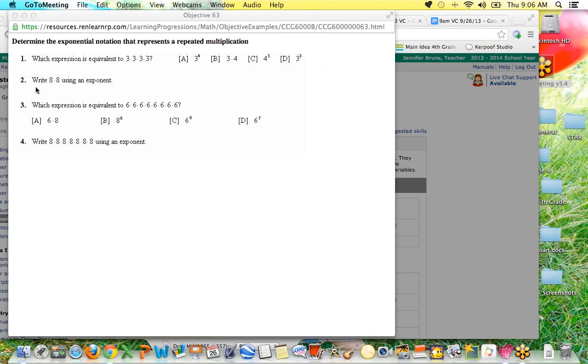Perfect. All right, now I want you to, and this will be kind of hard to type into the chat, but you'll figure it out. I want you to write 8 times 8 using an exponent. So how would I write the expression 8 times 8? I don't want the answer. I want, how would I express that using exponents?